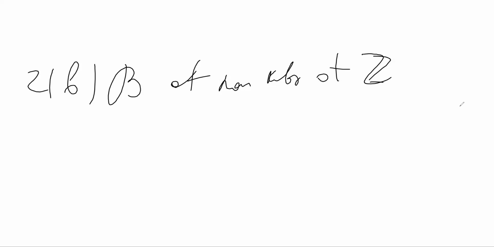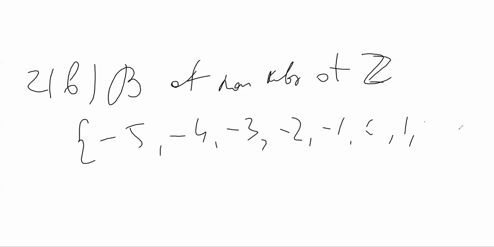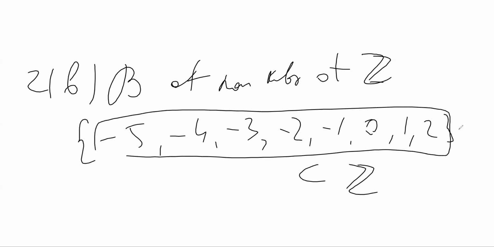Any ideas, guys? So how do subsets of Z usually look? Well, say you have -5, -4, -3, -2, -1, 0, 1, 2, you have a subset of Z. So how would you try to choose an element out of all of this so that your algorithm for choosing an element would work for basically any subset?